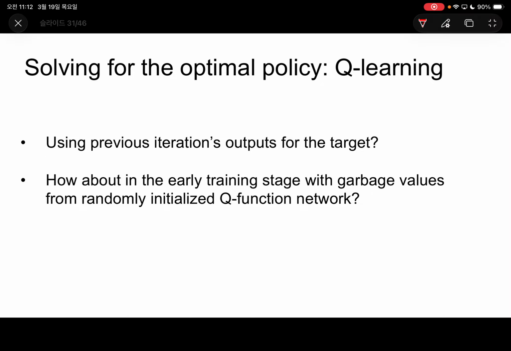It does not make sense at first glance. To make the network better, the ground truth should be good, but the ground truth is from an incomplete network's output. So how can we guarantee that the convergence would be good? How can we guarantee such optimization?